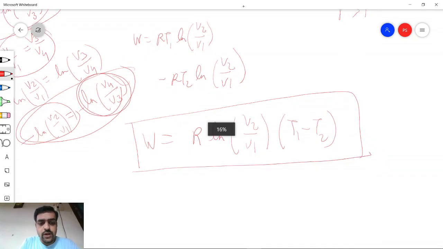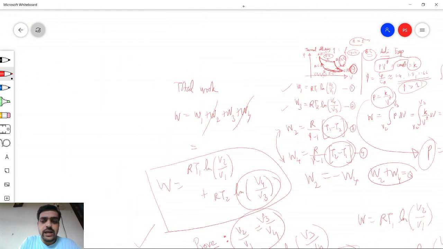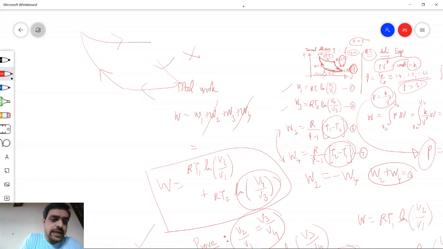Now, in order to determine efficiency, which we have defined earlier as W upon heat absorbed by the system, we need to find out the heat absorbed. Now, if we carefully look at the Carnot cycle, these two processes are adiabatic, and surely heat neither leaves the system nor does it enter.